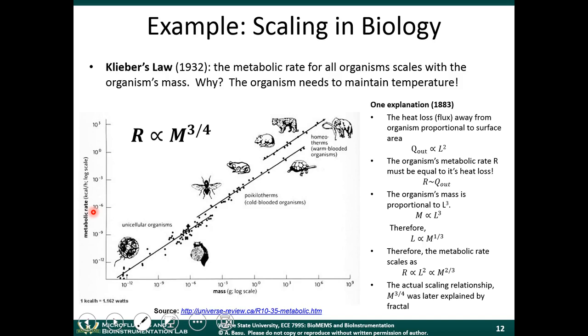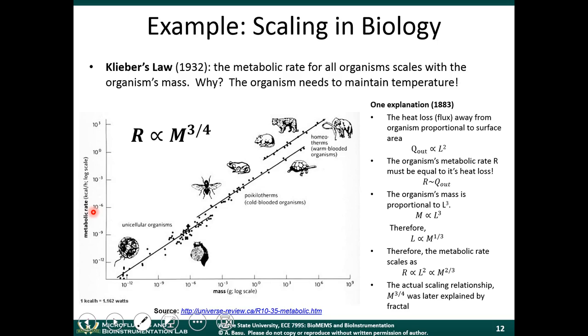As the organism gets larger, its metabolic rate increases. This is the metabolic rate per capita, per ounce of body weight. The metabolic rate increases on a log scale as the mass increases on a log scale. Why does it need to consume more calories per hour?